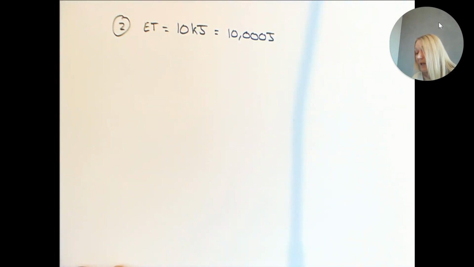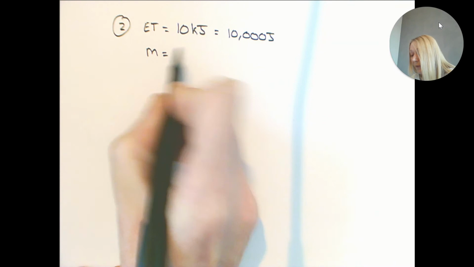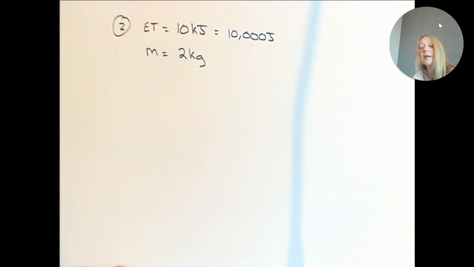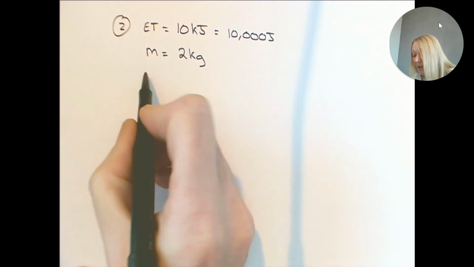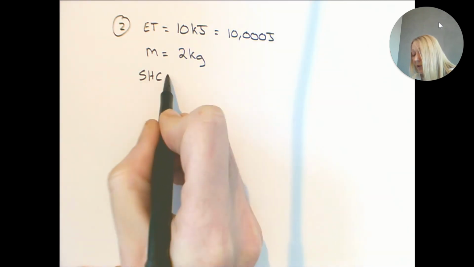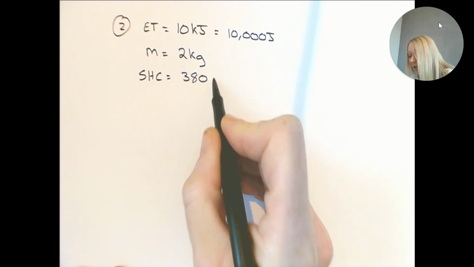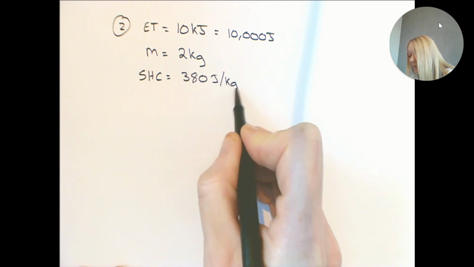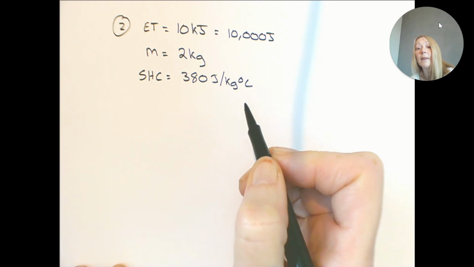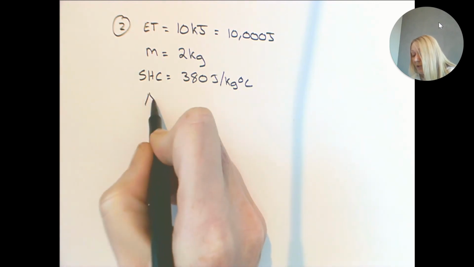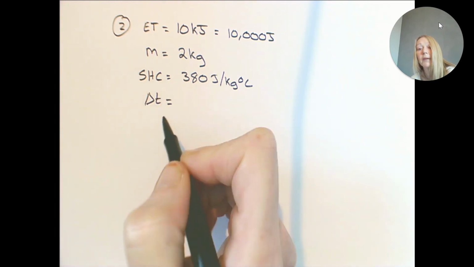They then gave us the mass of 2 kilograms. They then gave us, we had the specific heat capacity from the previous question of 380 joules per kilogram degree. And this time they're asking us to find the temperature change. So how much did the temperature rise by?